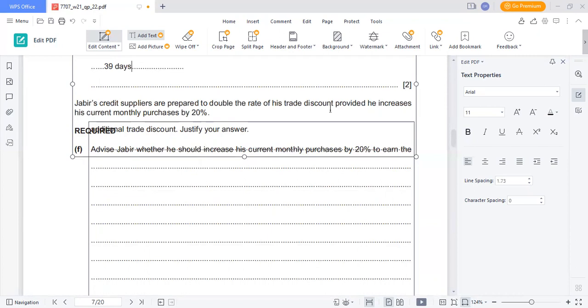That means total cost of sales will decrease. He'll be able to sell at lower prices or gain more customers, more market share. Low cost of sales means high gross profit. That means high gross profit margin and high profit as well.